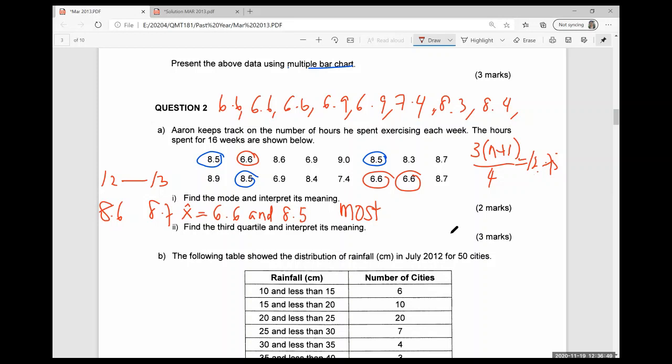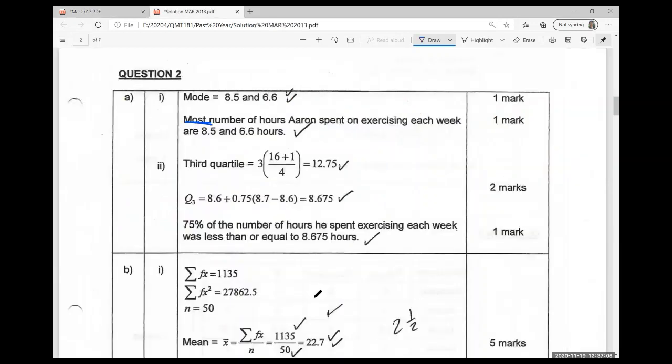Okay, so calculate this one, you should get the value of the third quartile to be 8.6 plus 0.75 times (8.7 minus 8.6). Let me check, if I'm not mistaken, you get 8.675. So this is what you have for your quartile.